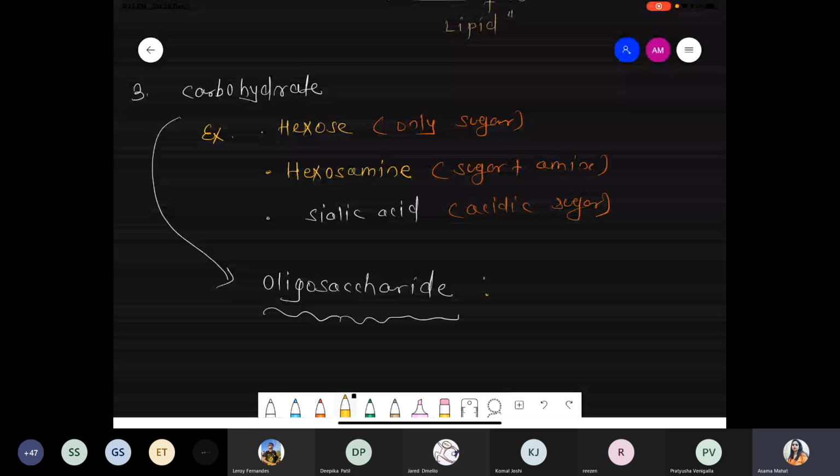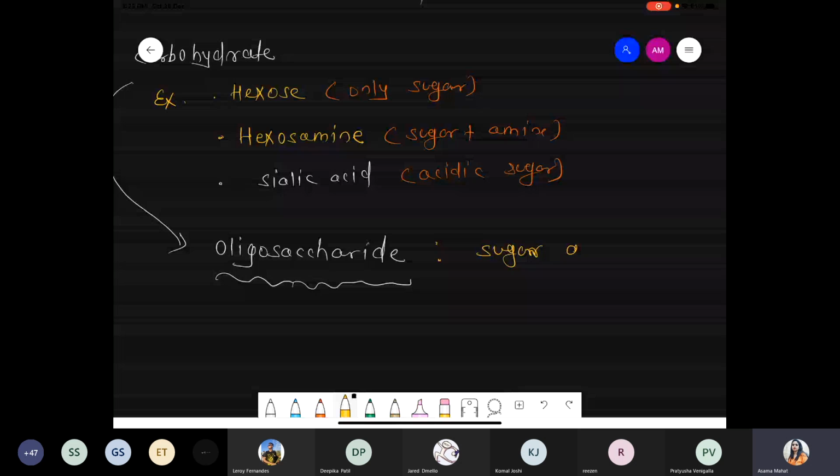So please remember, when we are talking about the oligosaccharide, simply meaning sugar, which is associated with lipid as well as protein. Depending on the case, they can bind with the protein or they can bind with the lipid.